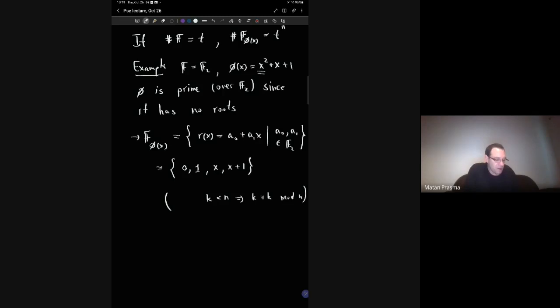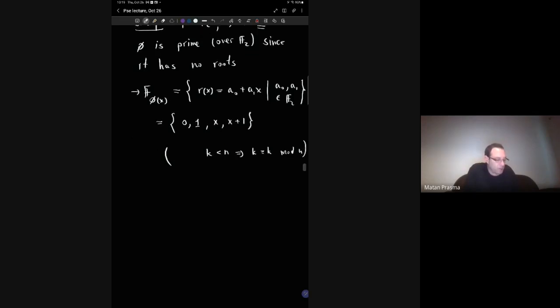So when I do addition of two polynomials, I do addition as I'm used to in polynomials. So let's say 0, 1, x plus 1, and 0, 1, x plus 1.